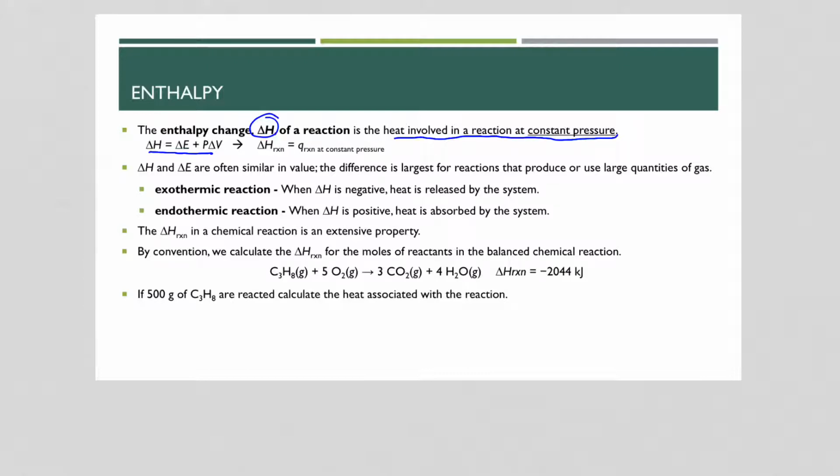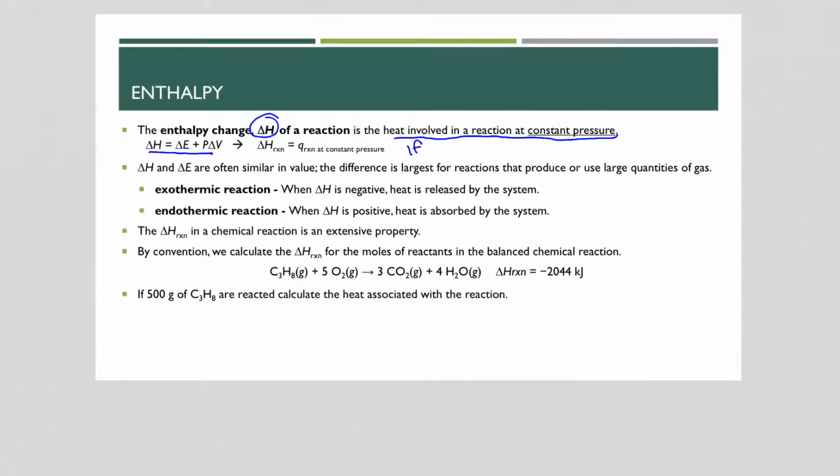Now, if we think about some of the ideas that we've talked about, if pressure is constant, and let's say, as we talked about before, we have reactions that don't have a change in volume.